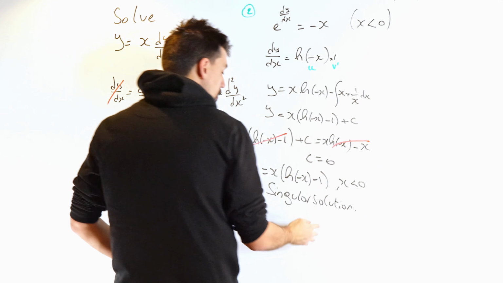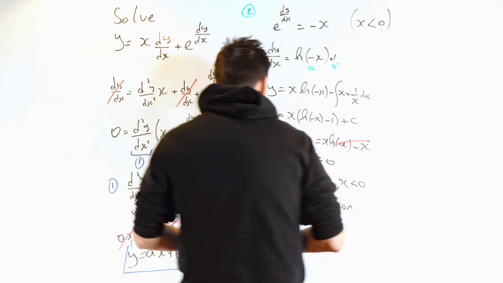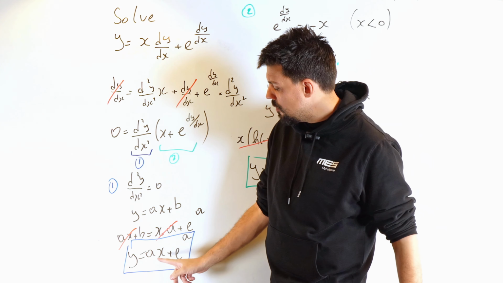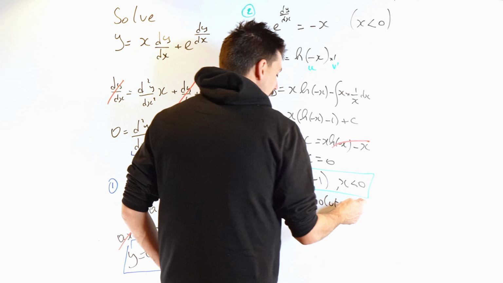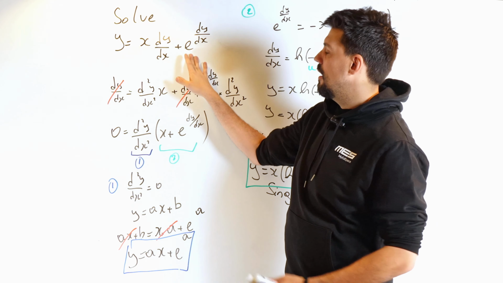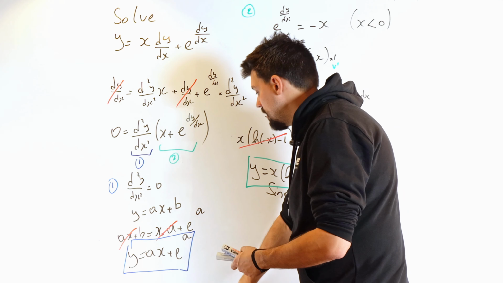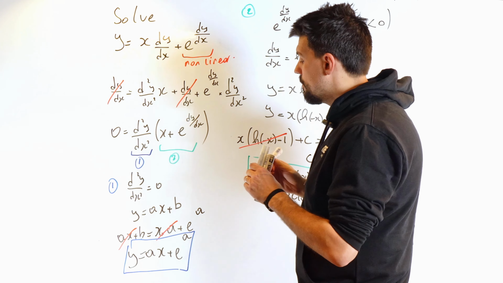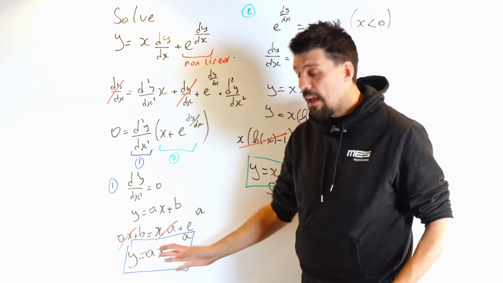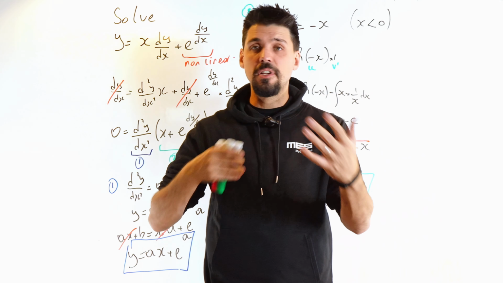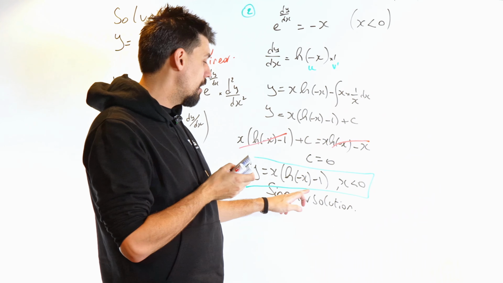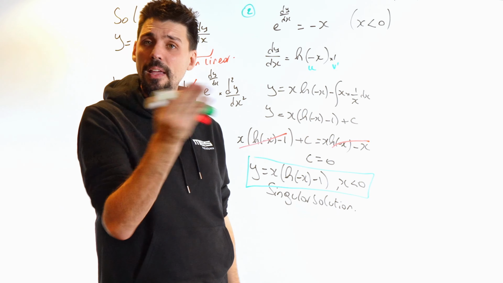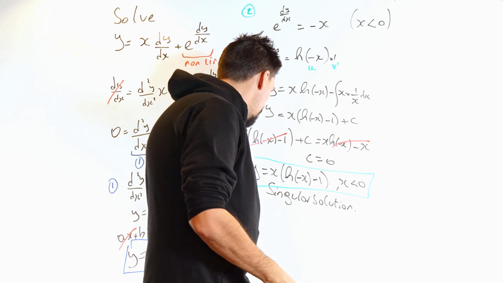So it's not like I can do solution 1, which will fit my boundary conditions, and add this on, because this is non-linear, which is very important to note. So my general solution is down here. And if we just happen to have the correct boundary conditions, etc., this is also a possible solution, only for negative x on a Tuesday, maybe, if we're lucky. But it is worth noting that it is there.